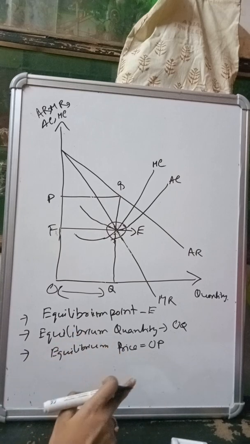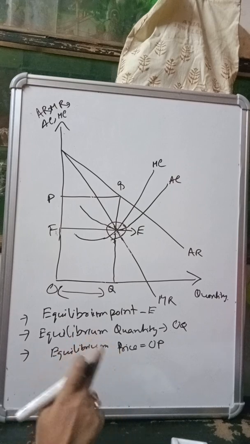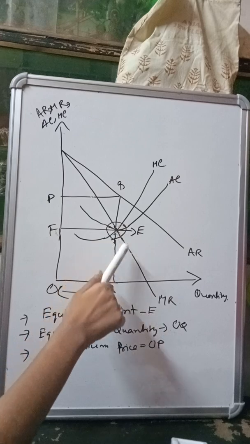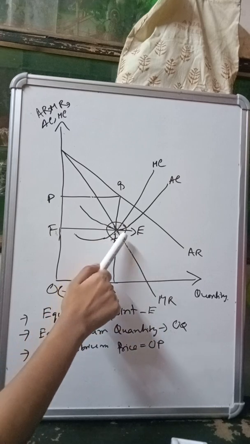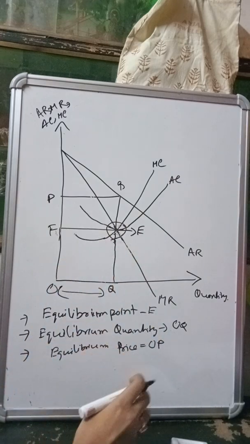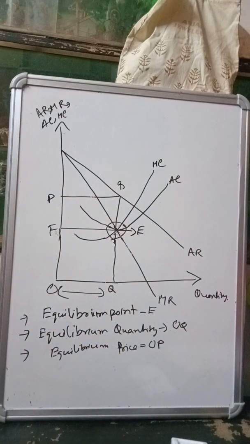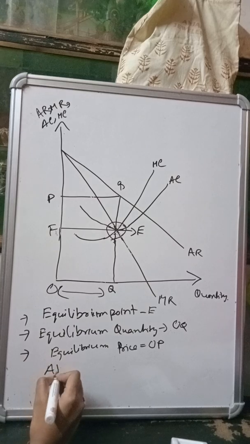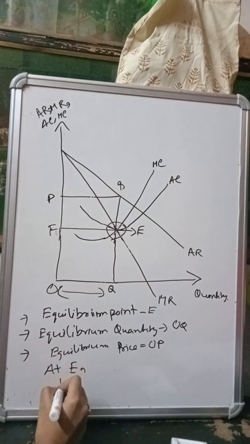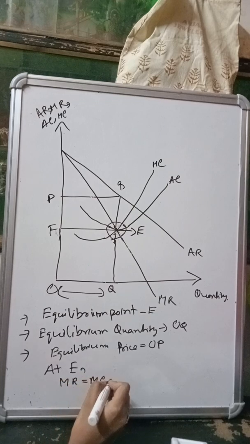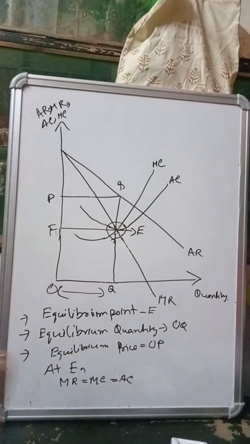But here, with the MR curve and MC curve we also have AC at this point. So MR, MC and AC, all three curves are intersecting at a point. So can I say that at E my MR is equal to MC is equal to AC, right? Hence the equilibrium price is OP, and equilibrium quantity is OQ.